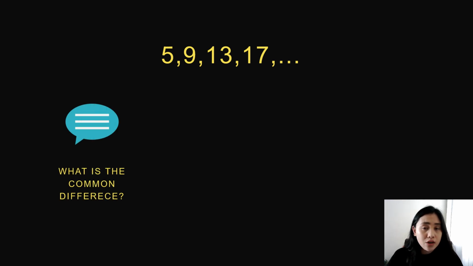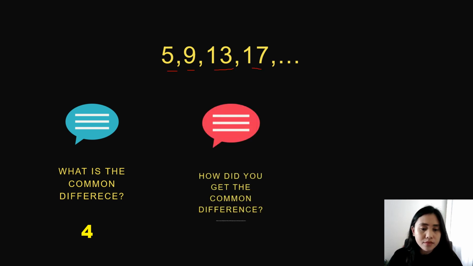5, 9, 13, 17. What is the common difference? The common difference is positive 4. Each element is added by positive 4. How did you get the common difference?